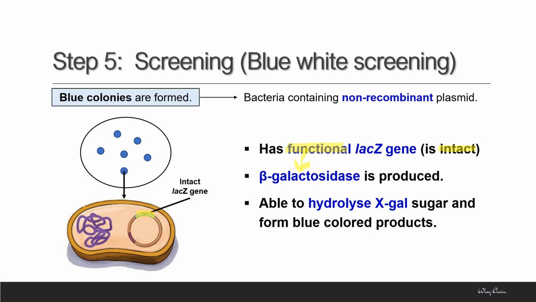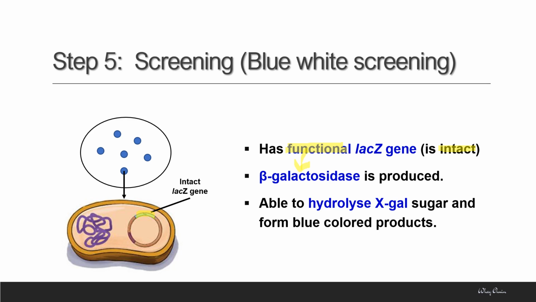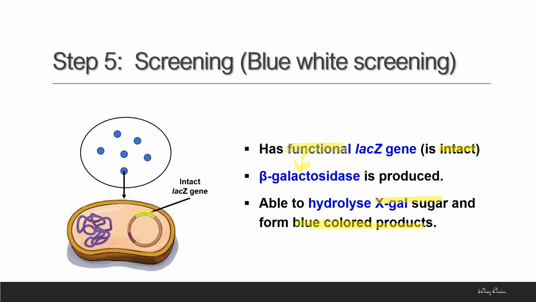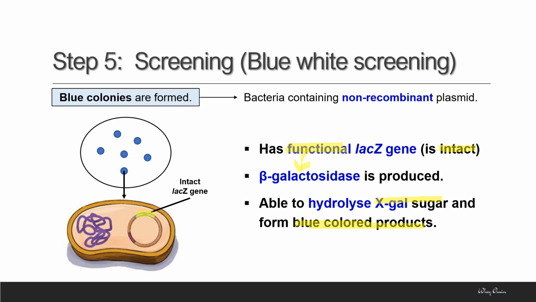This enzyme will enable the bacterial cell to hydrolyze the X-gal in the medium plate. When the X-gal sugar has been hydrolyzed by the enzyme, it forms a blue color product. And the blue color product will color each of the bacterial cells blue. This is why we have blue colonies formed.